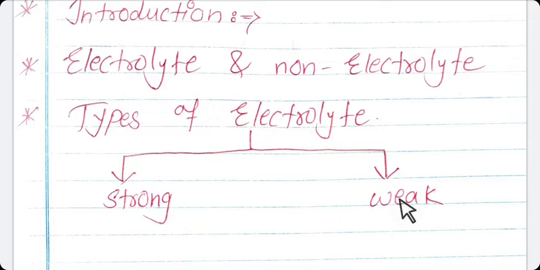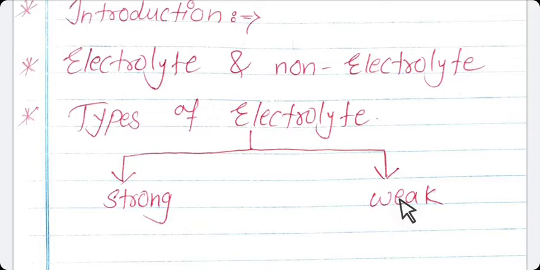Weak electrolytes are electrolytes which dissociate to a smaller extent in aqueous solution. Both are electrolytes, strong electrolytes and weak electrolytes. Strong electrolytes give more and more ions when dissolved in water, and weak electrolytes give a less number of ions in their aqueous solution.